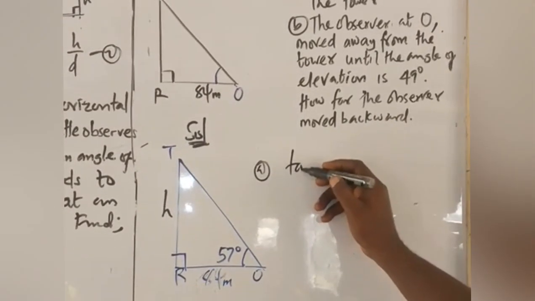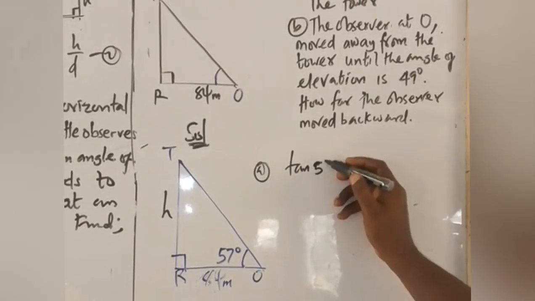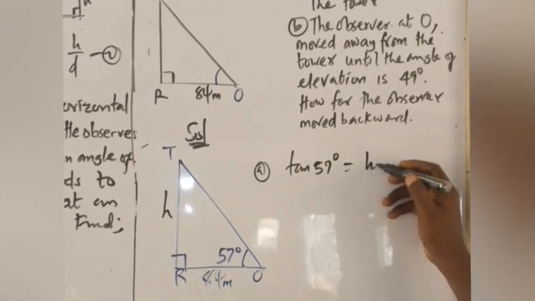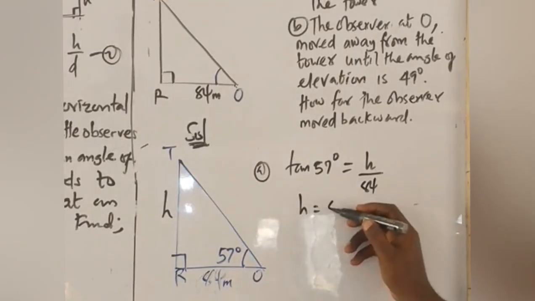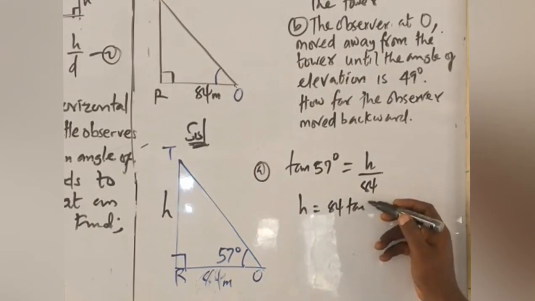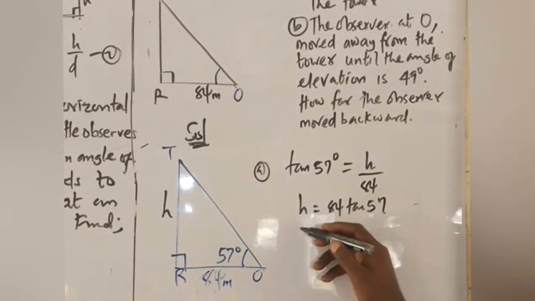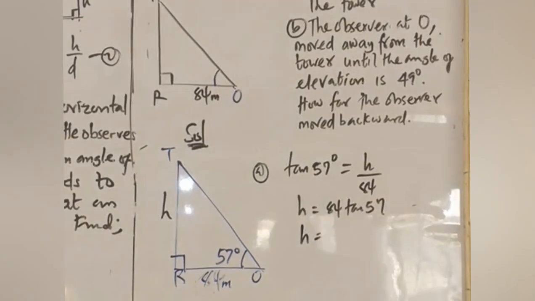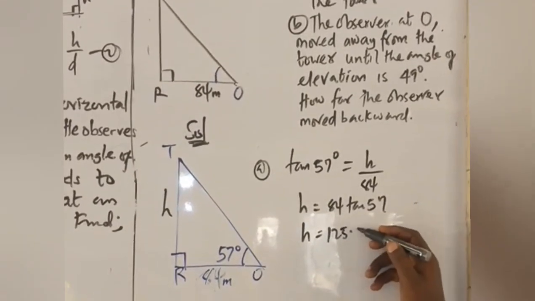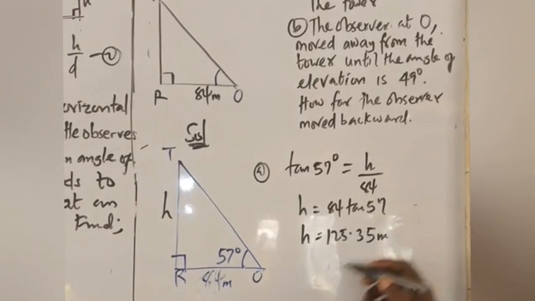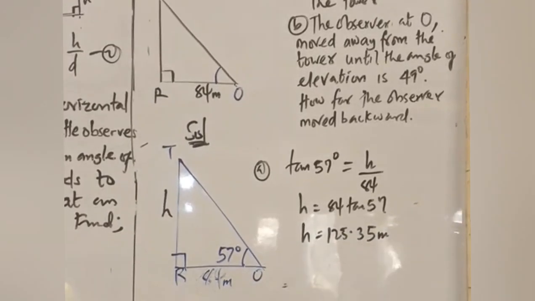So we are using tan 57, which is the opposite over the adjacent, so H is 84 tan 57, which is 129.35 meters.